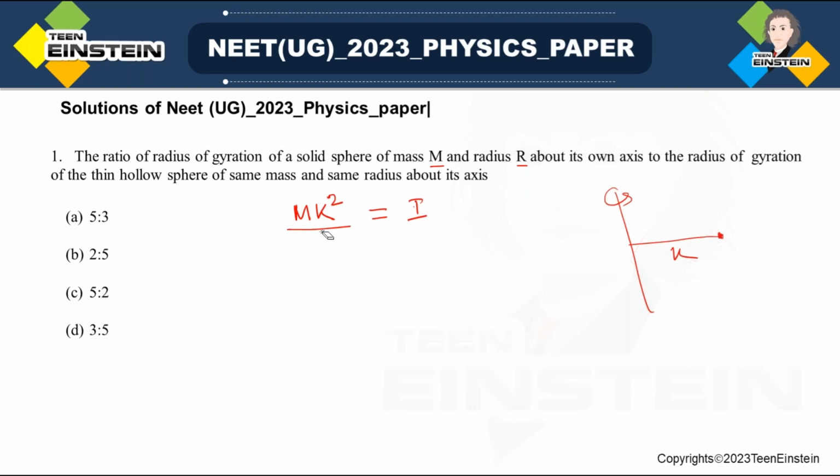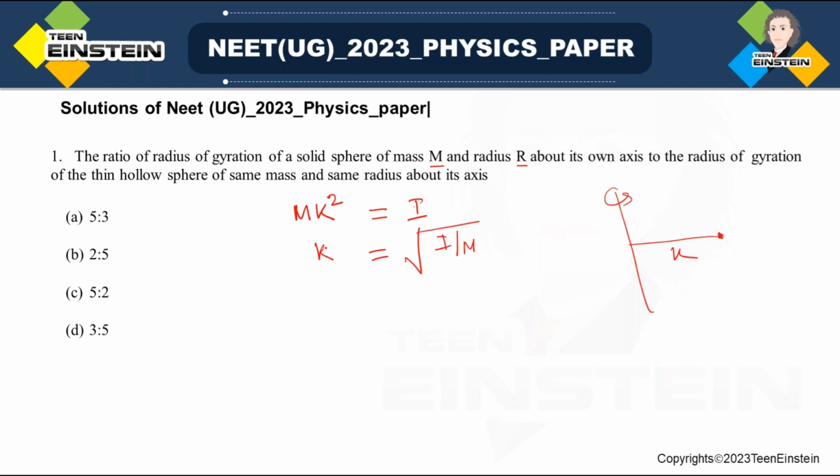Okay, so this is the formula. So if we want to find the radius of gyration, then K will be equal to the square root of I over m.